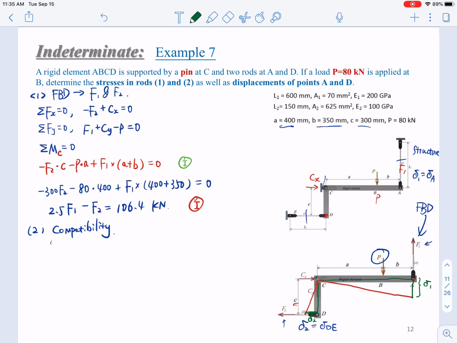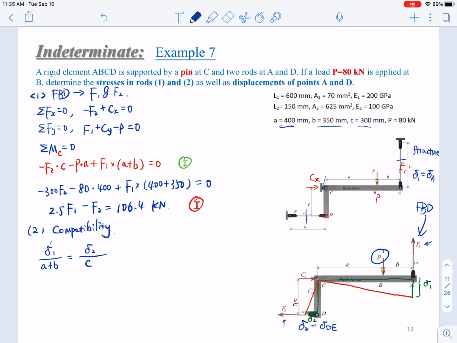This is delta 1 over A plus B equals delta 2 over what? Delta 2 over C. Right? So this is the equation we can write based on these similar triangles.